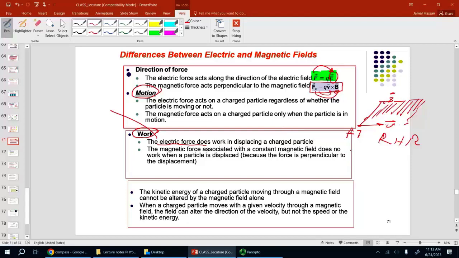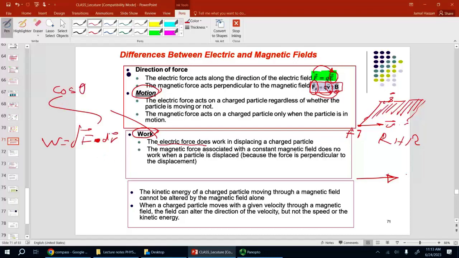Why is that? Because of the direction. The velocity goes in one direction, but the force is perpendicular to it. If you go back to the definition of work from Physics 1, it is F dot dr, so it's a dot product, which involves the cosine of the angle theta.